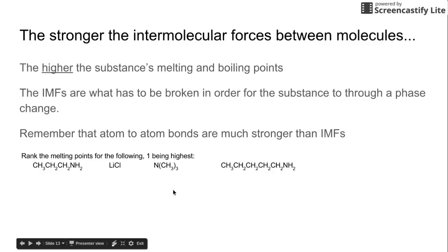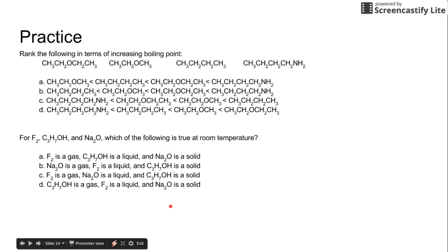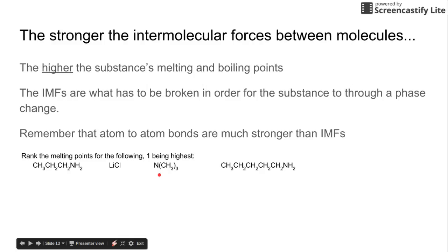With this one, we've got a nitrogen in the middle, and it's bonded to 3 carbons. And I can draw something like that. Nope, it's not going to let me draw it. Let's go back. Okay, so we have a nitrogen that is directly bonded to 3 carbons.